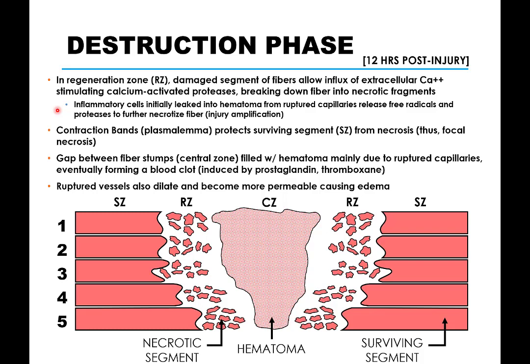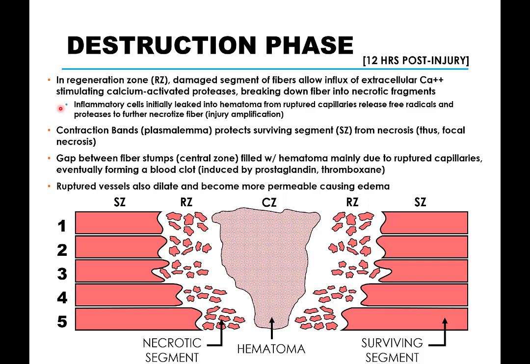These inflammatory cells release highly reactive molecules called free radicals, of which the major free radical are reactive oxygen species, ROS. These are molecules that react with other molecules, causing those molecules to destabilize and eventually degrade. These free radicals therefore contribute to the degradation of intramyocellular proteins.